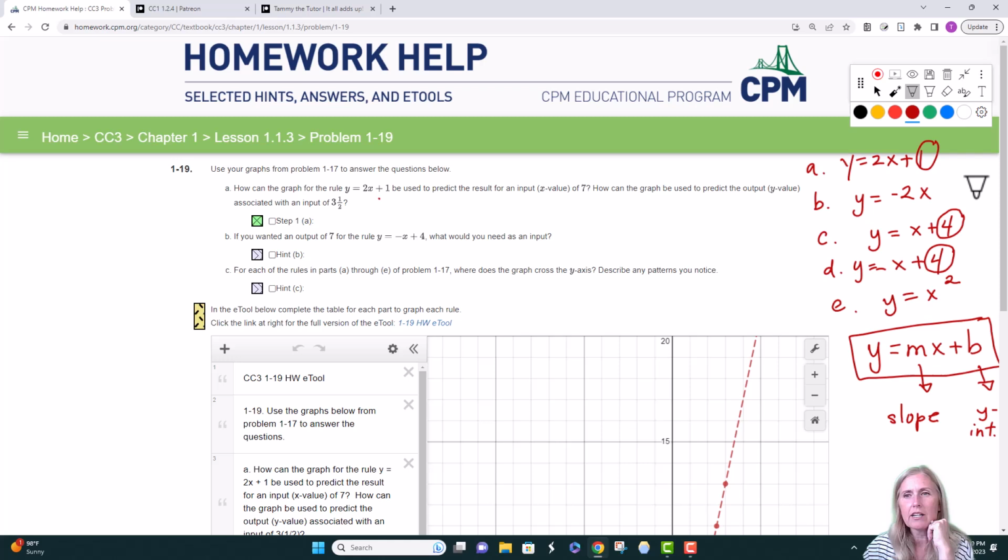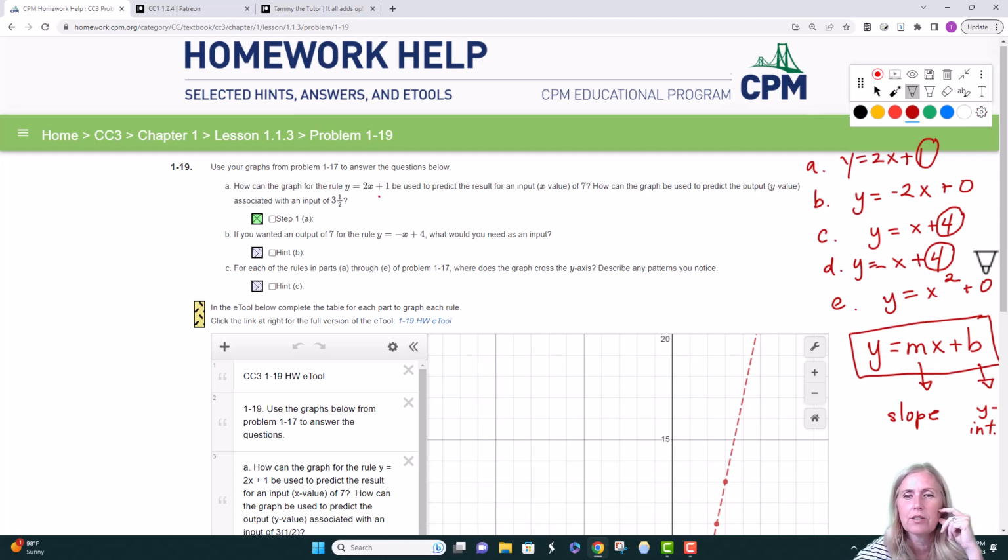So I wonder what that could mean. It has to cross the y-axis somewhere. So if it doesn't have a number there, that means it crossed it at the 0. But there's just no need to write the 0. If there's nothing there, it's just that assumption that it's going to cross right through that 0.